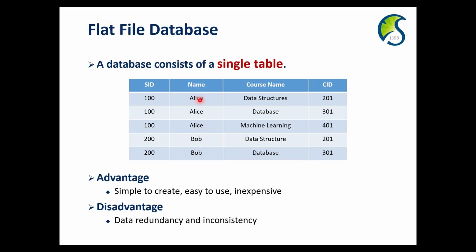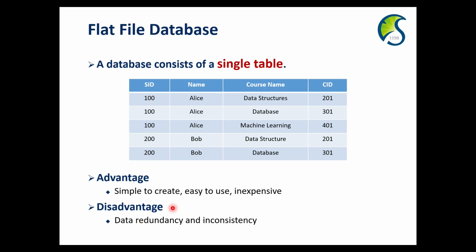Here, Alice appears 3 times in 3 rows, and Bob also appears in 2 rows. And this phenomenon also happens in course name. As you can see, data structures appears twice, and database also appears twice. This is a problem of data redundancy.